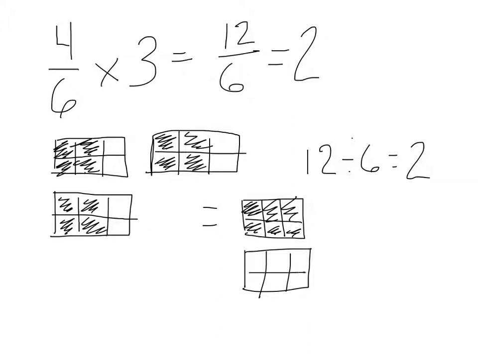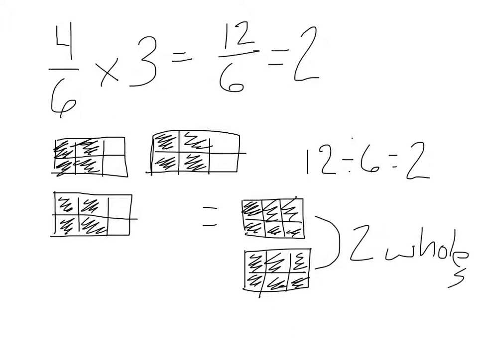So here it is: 7, 8, 9, 10, 11, 12. So I have 12/6, and oh, I see, I have 2 wholes. That's one way we can do this.